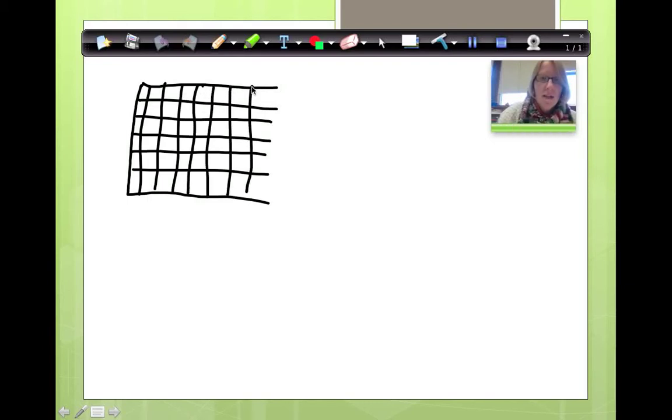And then I'm going to shade some. Okay, so I'm going to erase these edges. Now, let's say that I erase this and this.